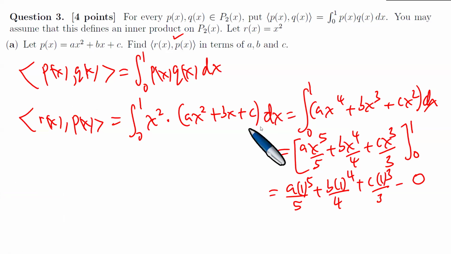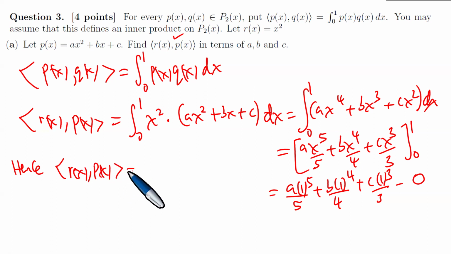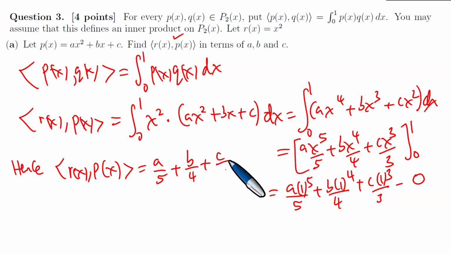So that in the end, we continue to say hence, this inner product of RX, PX must be written in terms of what? Must be written in terms of ABC, which is A out of 5, B out of 4, C out of 3.